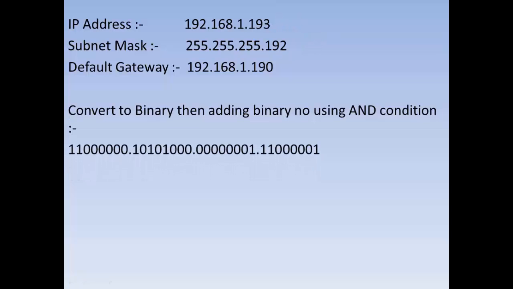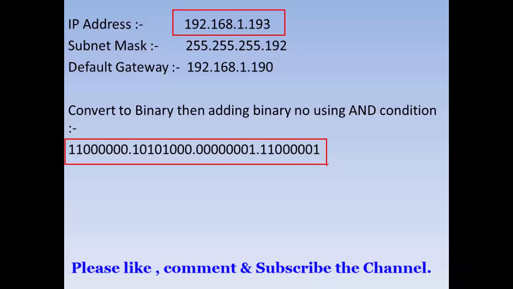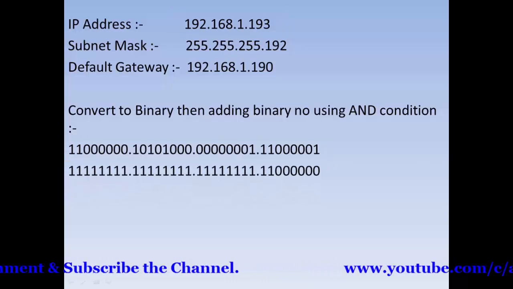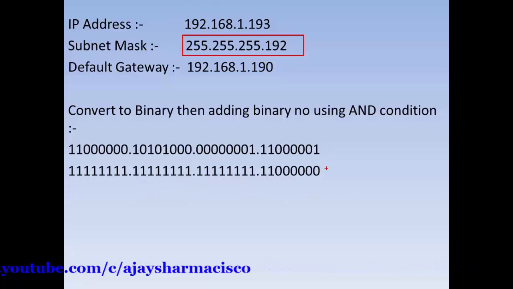When I convert this IP into binary, I will get this one. And the same with the subnet mask: when I convert this subnet mask into the binary number system, I will get this value.